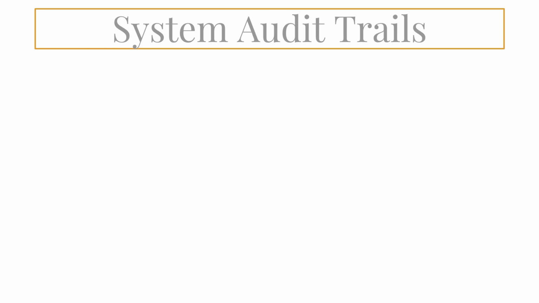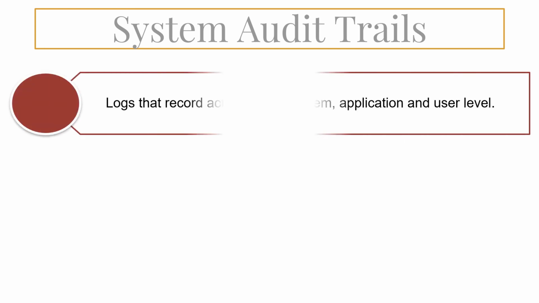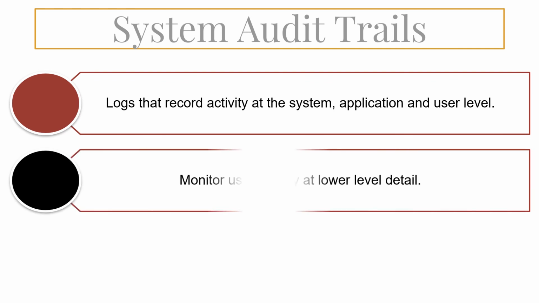System audit trails as one of the techniques to control or to secure the data is the log file or the log techniques that we explained under the IT application controls for the processing stage. So the log records activities at the system, application, and user level.